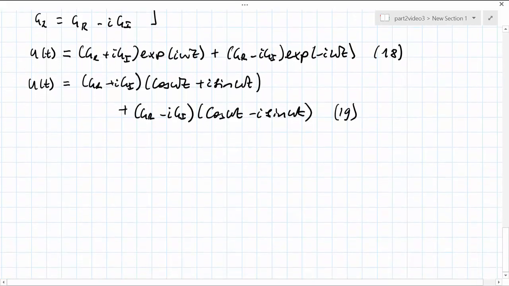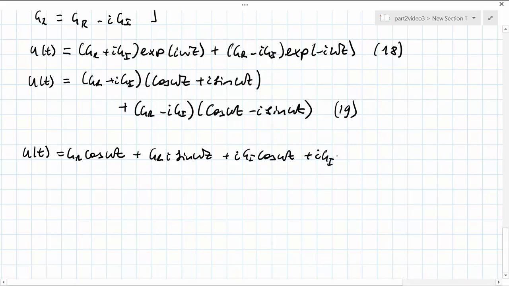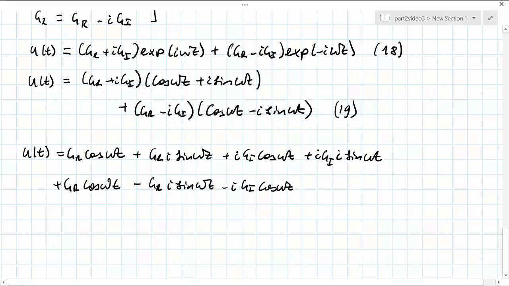Expanding it out then, equation 19, and collecting terms, we end up with u(t) equal to gr cosine omega t plus gr I sine omega t, plus I gi cosine omega t plus I gi I sine omega t, plus gr cosine omega t minus gr I sine omega t minus I gi cosine omega t plus I gi sine omega t.